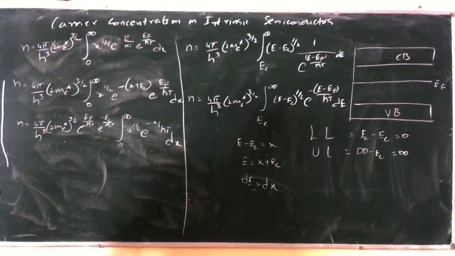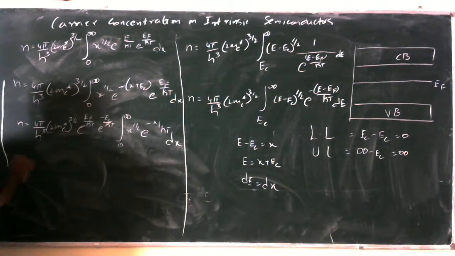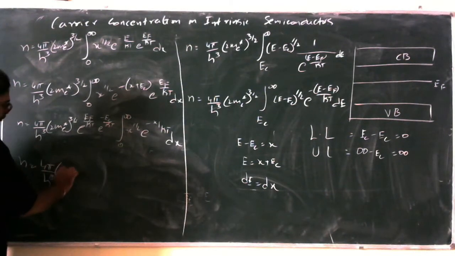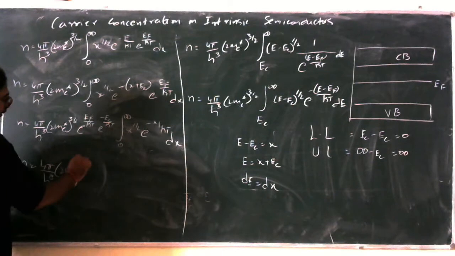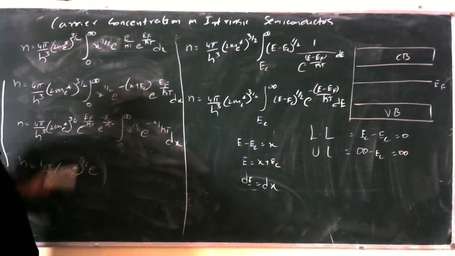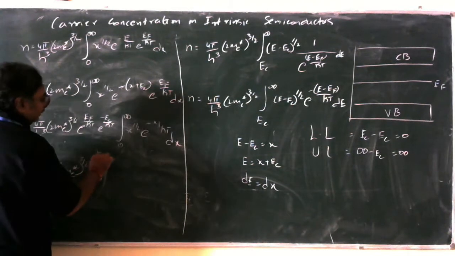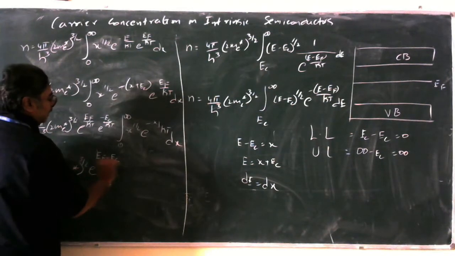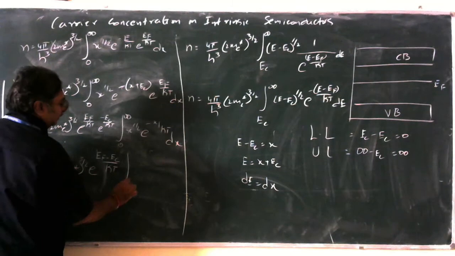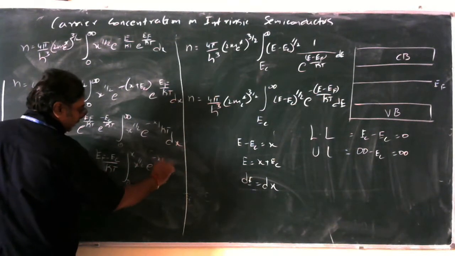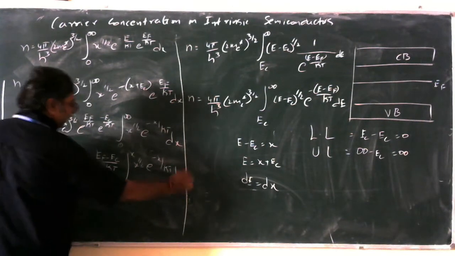So we got this value now. Using a power m into a power minus m, this becomes exponential of (EF minus Ec) by kT, integral 0 to infinity x power 1/2 e power minus x by kT dx.